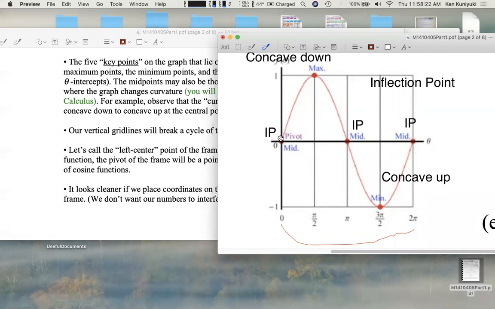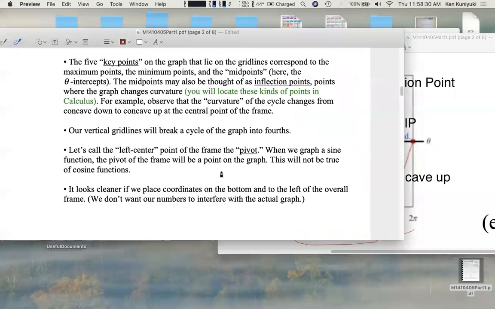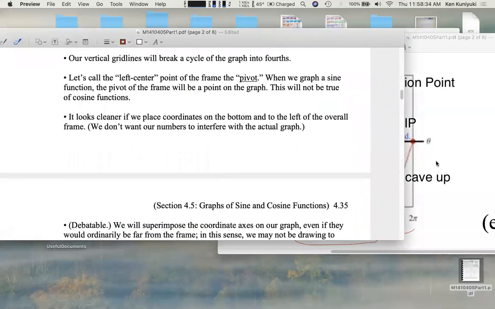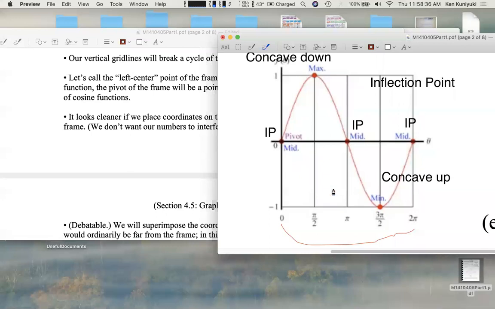In this case, we're getting this point, the max point, this point, an IP, the min point, and the IP over here. We're always going to break these things up into fourths. For a cycle, we're always going to break up a cycle into fourths. Okay, so the period is 2 pi, and we're going to break it up into pi over 2 increments.